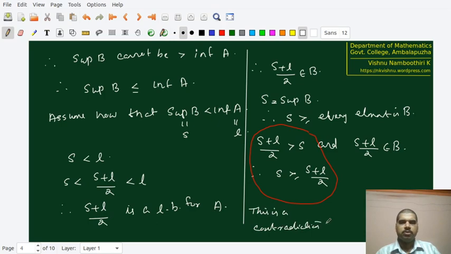So S is not possible. So S less than L is not possible.